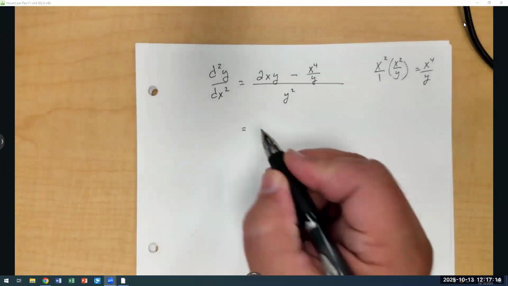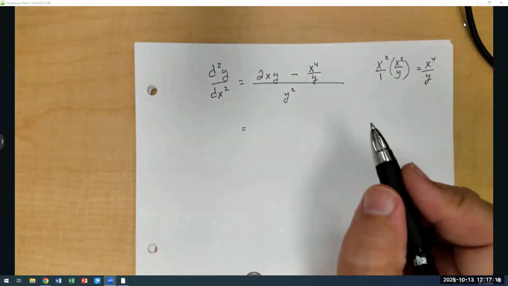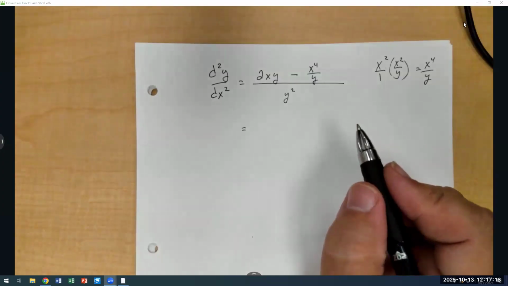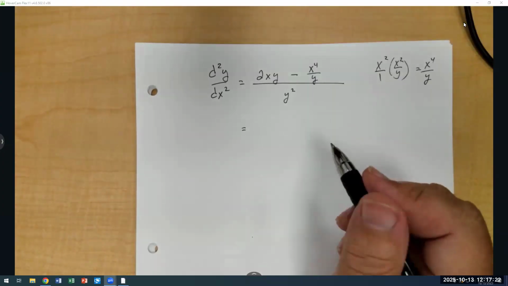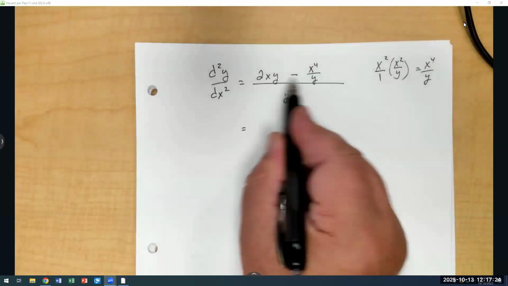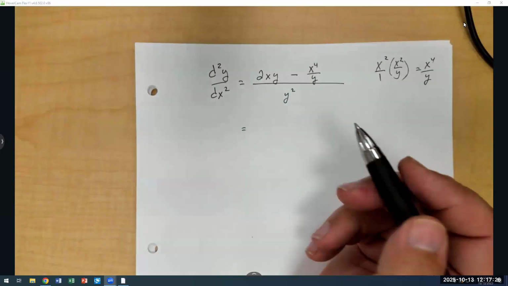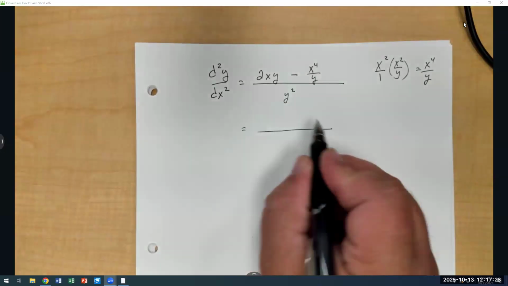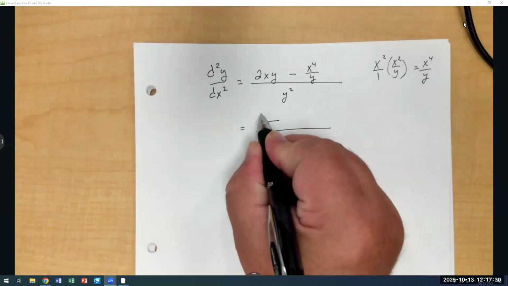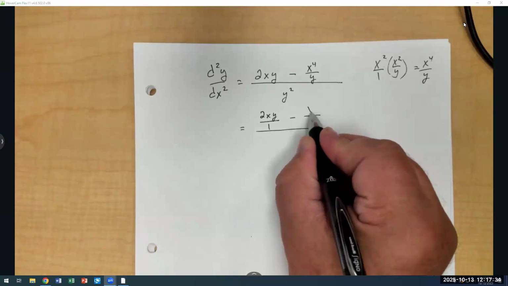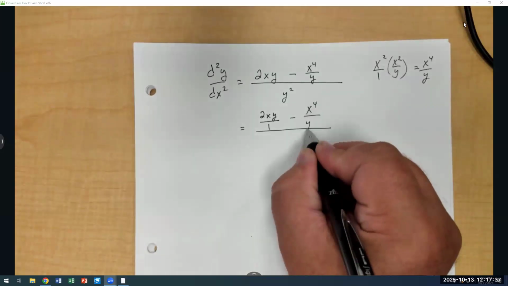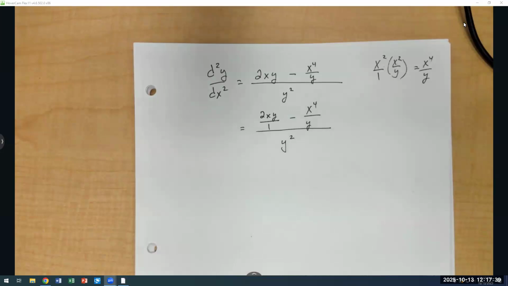Let's go ahead and simplify this further. What do we need to do on top? Let's get a common denominator. Right now, on top, we have 2xy minus x to the fourth over y, all over y squared.